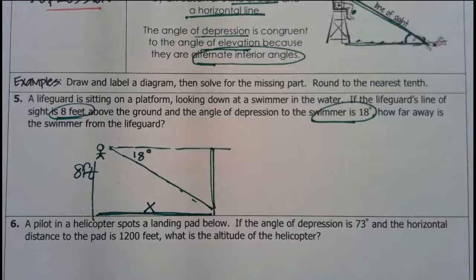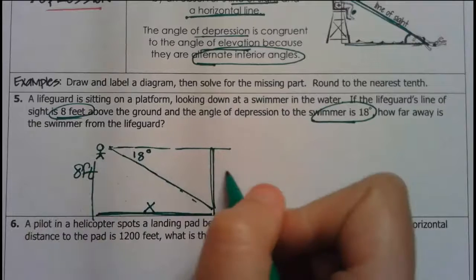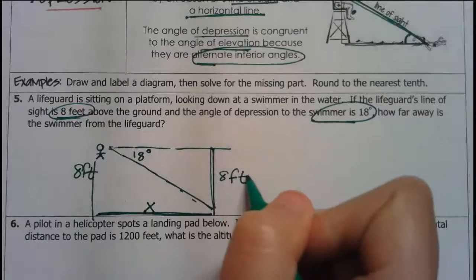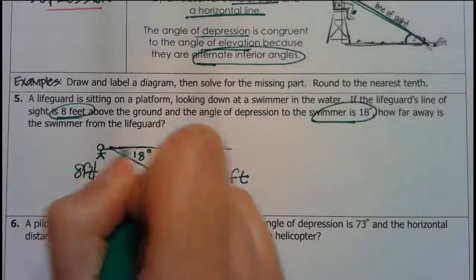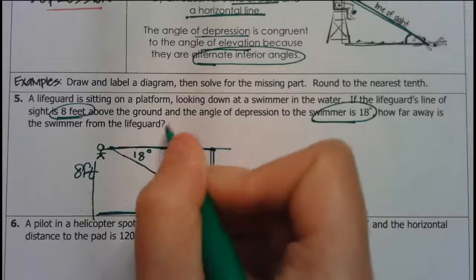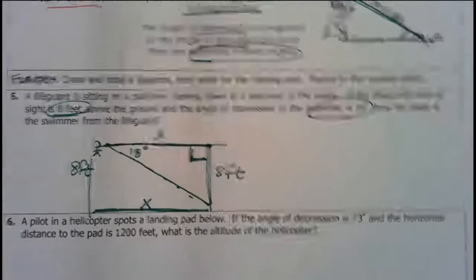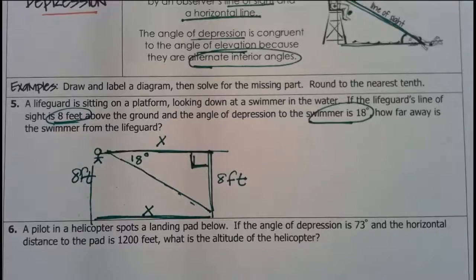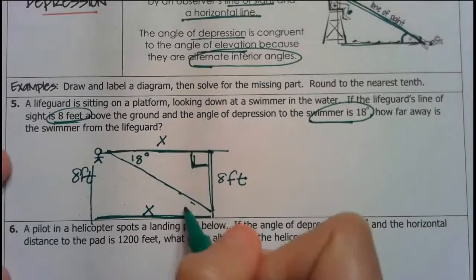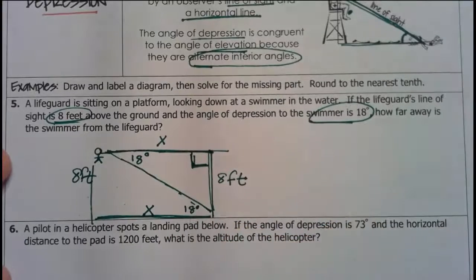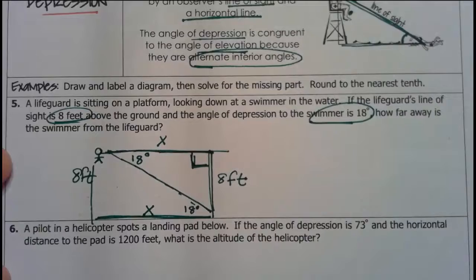So it looks kind of confusing because I got a box there, but you have two options. We can say this is 8 feet, and we know in a rectangle the top and the bottom are the same, so this is going to be X, and that's still a right angle. Or you could say, I know that this is 18 since those are the same angle, and we could solve it that way.